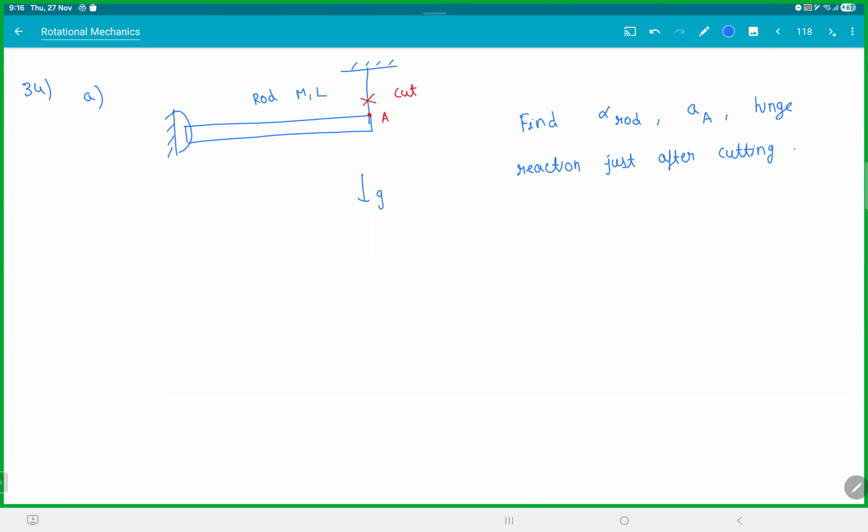Think for a minute, then I'll show you one model. Get me the hinge reaction also.